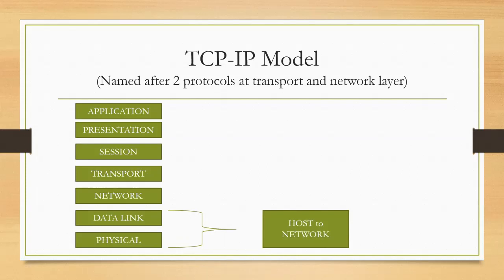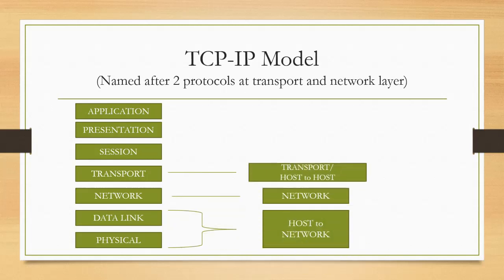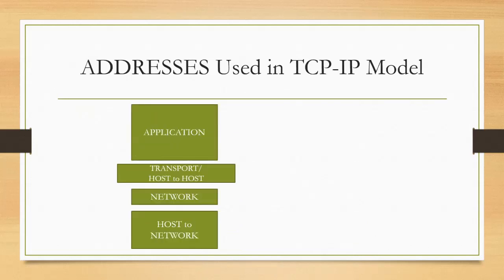They have come up with the host to network layer. The network layer remains as it is, same as the transport layer, which is also known as the host to host layer. And in the TCP/IP model, the last three layers are merged together to form the application layer. This application layer takes care of all the functionalities of the session, presentation, and application layers. So this is the structure of the TCP/IP model.